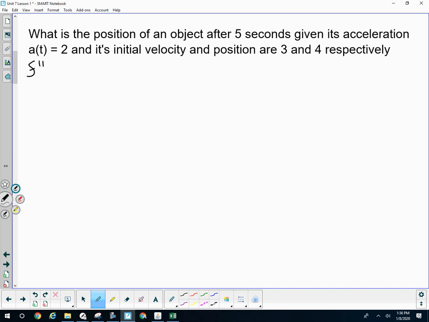It's just like if I asked you to give me a value of f, and I gave you f double prime. You'd have to take the antiderivative twice. But each step along the way, you'd have to find c. The antiderivative of a, the antiderivative of 2, that's going to be v. That's 2t plus c.